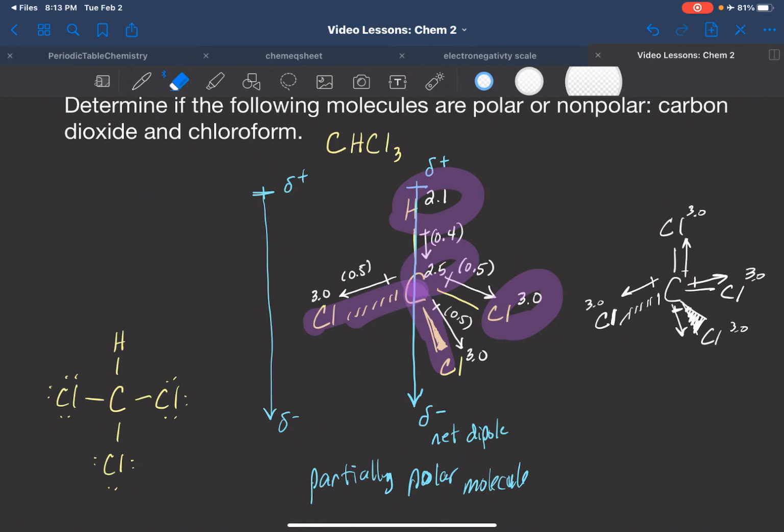If there is a net dipole, then you would have asymmetry. So we would say that this molecule is asymmetrical because it has a net dipole moment, and there's an electronegativity difference in that net dipole, which is causing it to move in that particular direction. Hope that helped.